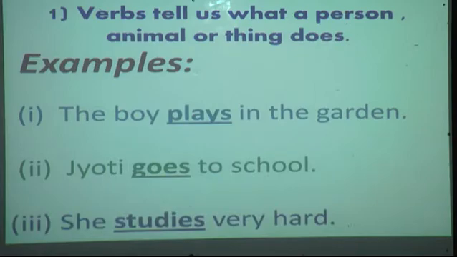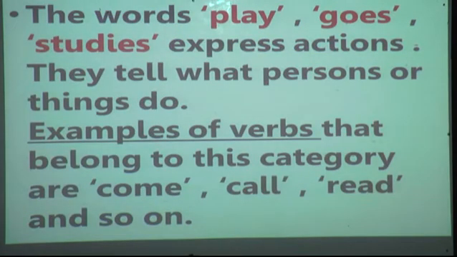Third is she studies very hard. So studies is also the action done by the girl. So the words play, goes, study, what do they do? They express action. They tell what a person or thing does. Understood, students?